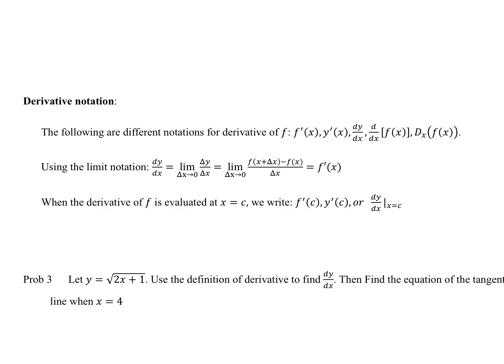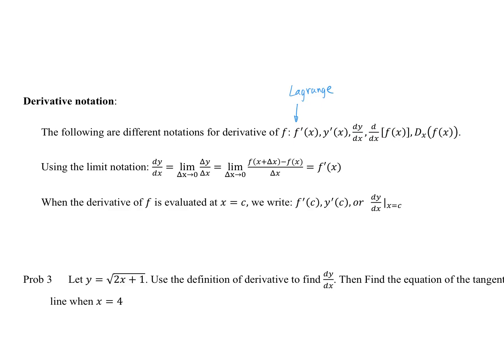And by the way, this is actually the Lagrange notation. And dy, again, y is the same as f, so sometimes we write df dx. We usually don't read dy over dx, we just read dy dx, df dx.